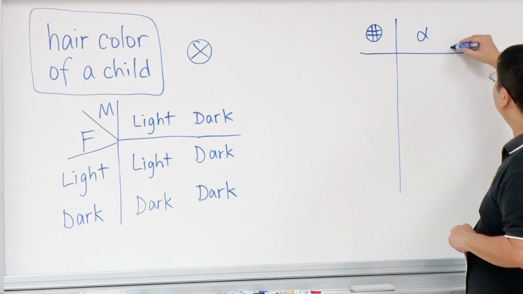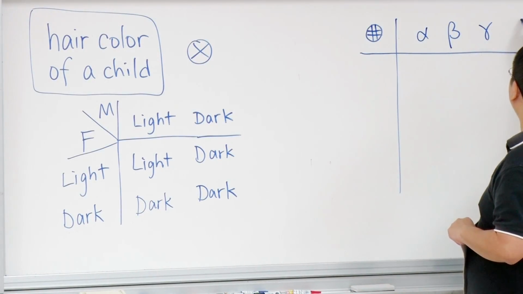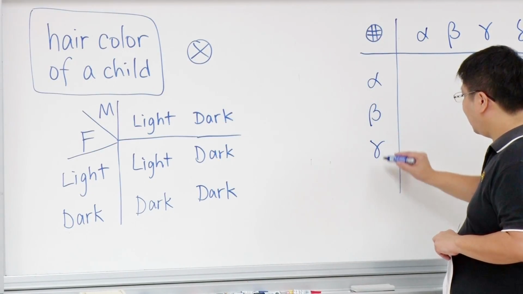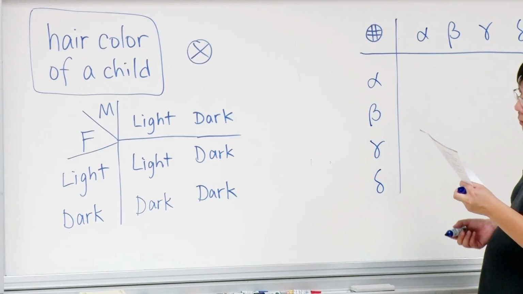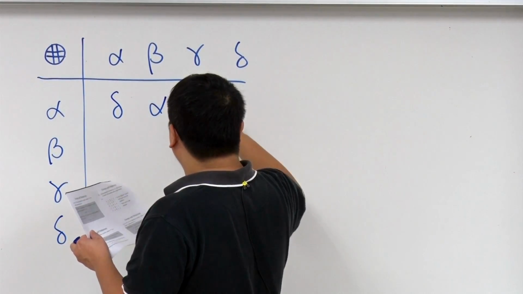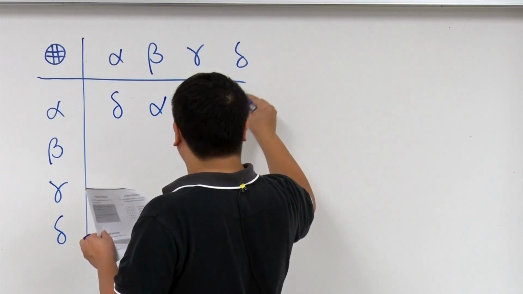Let's say alpha here, beta here, gamma here, delta here.